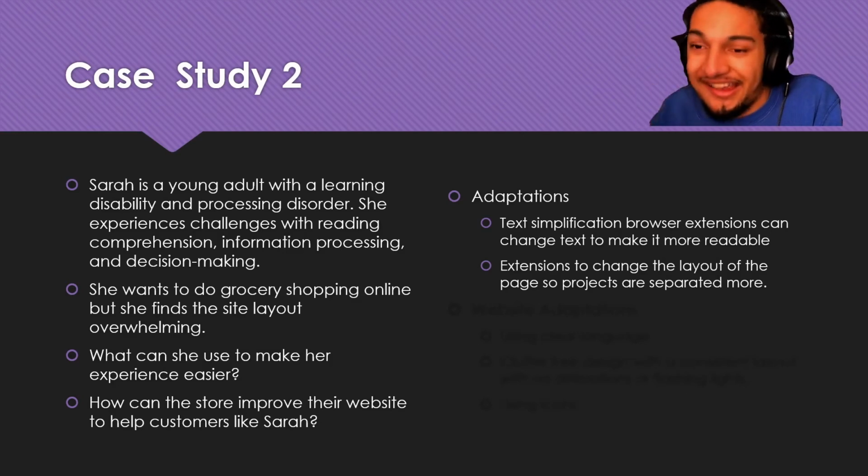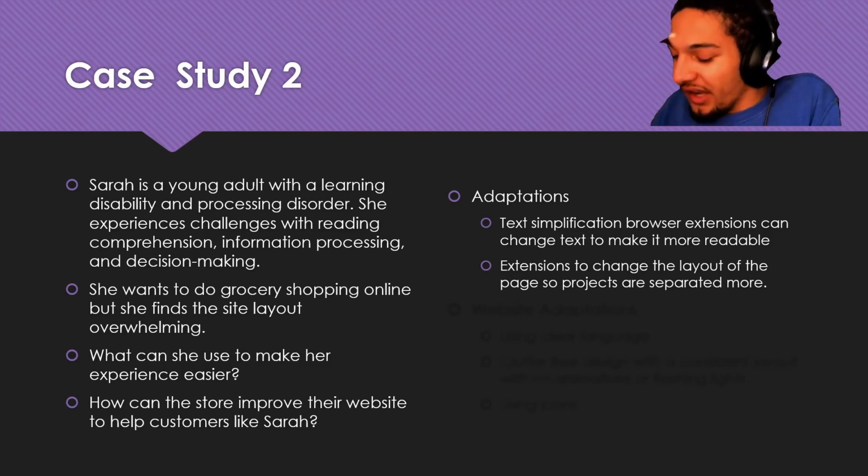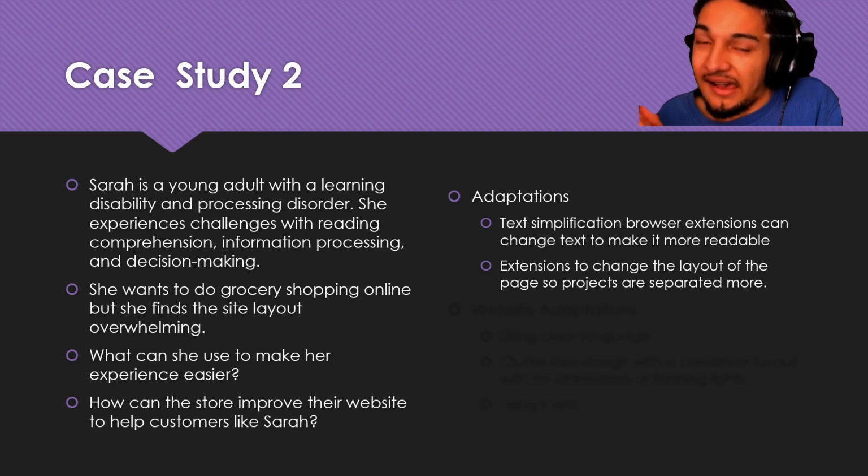It's a massive list of information, images, text, prices, colorful stuff all over the place. So an extension may change the layout so that the products are separated out a bit more, so that you're receiving less data at once.